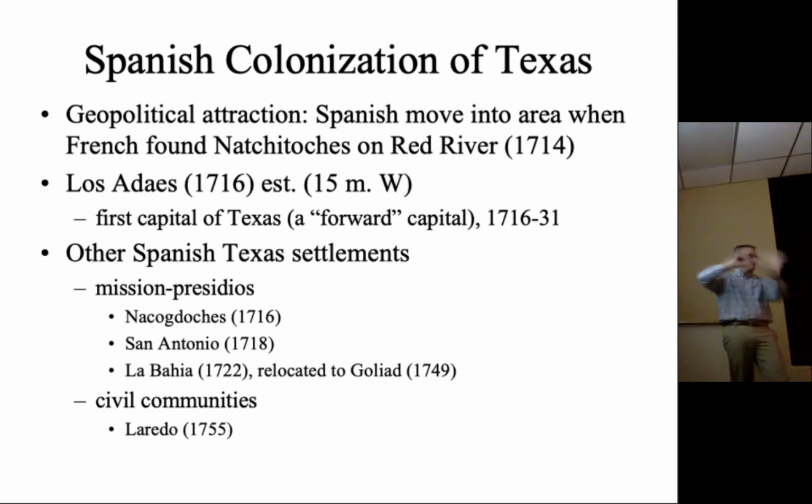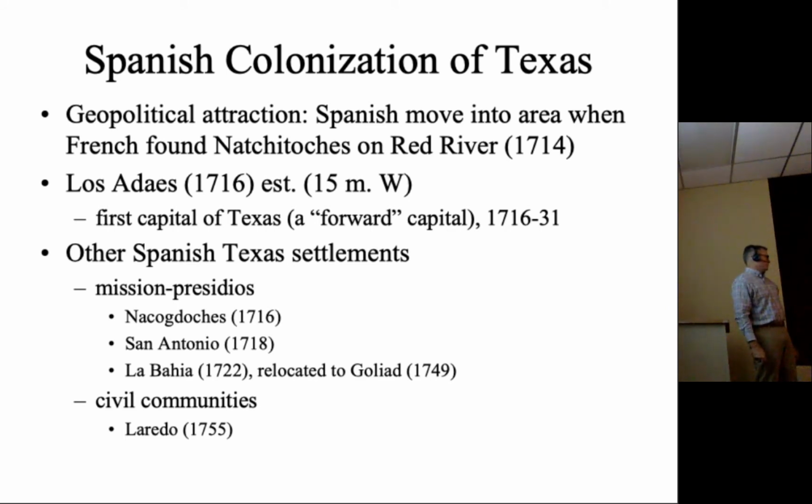They were for the most part establishing geopolitical footholds in order to check the expansion of the French. Okay? So the Spanish were attracted to Texas and Louisiana initially because they were just playing political chess, geopolitical chess with the French. Okay?